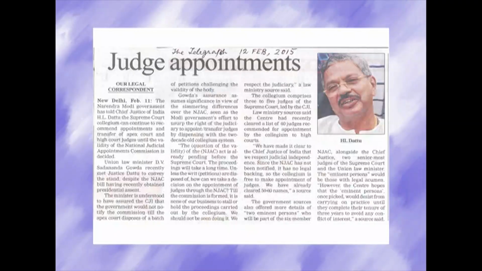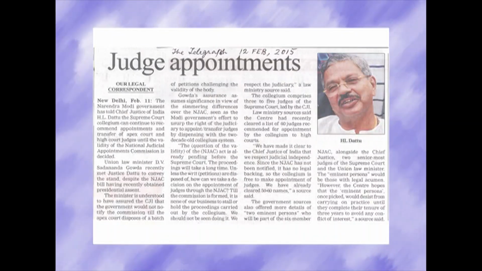Now, this commission has not been formed as yet, because the central government thinks that the matter, the constitutionality of the National Judicial Appointments Commission Act has been questioned in the apex court.